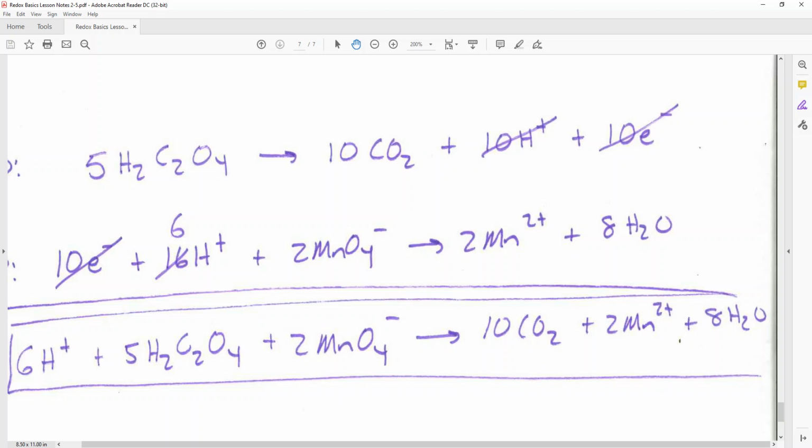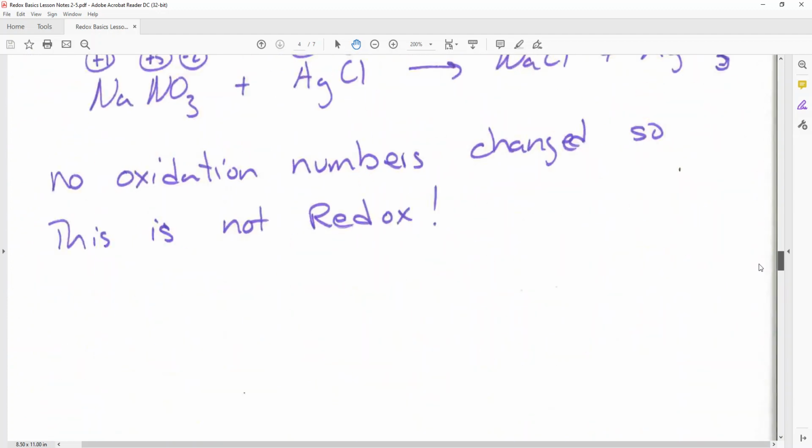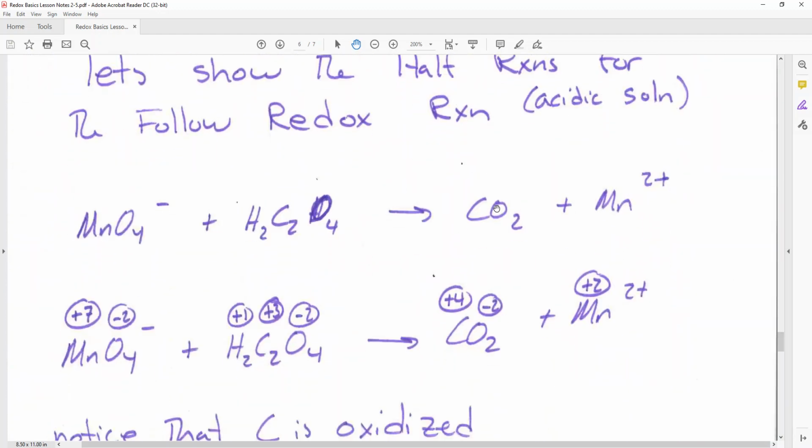And really, it's kind of difficult to figure out this balanced reaction if you were just given this. It's hard to come up with that equation if you're not doing the half reaction method.